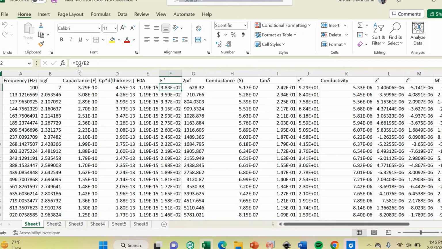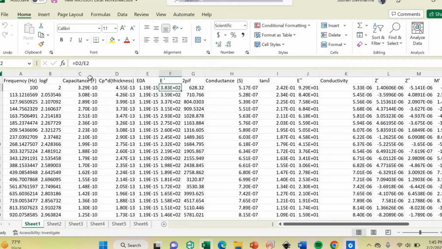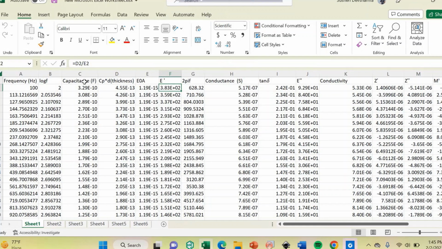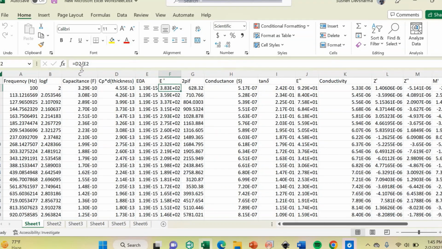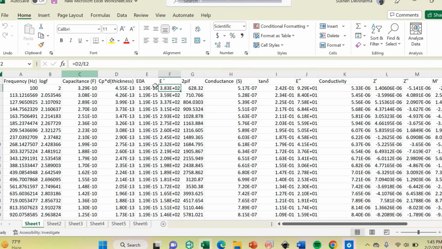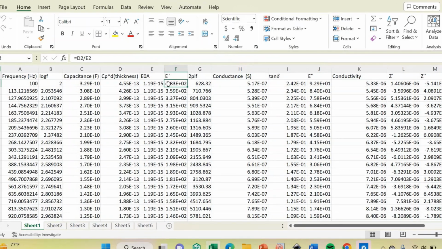Here D2 means the Cp into d, and E2 means epsilon naught A. We already measured these, and with this formula you can easily compute the real part of permittivity.